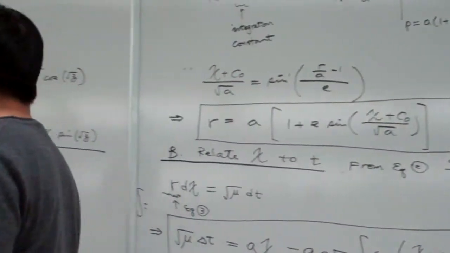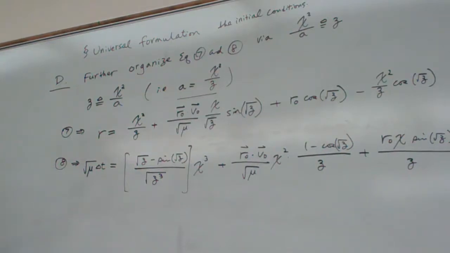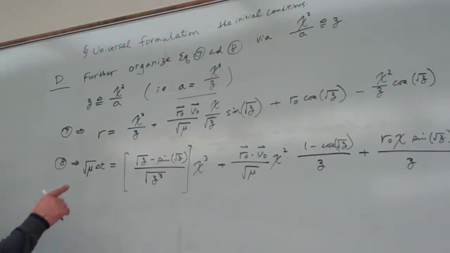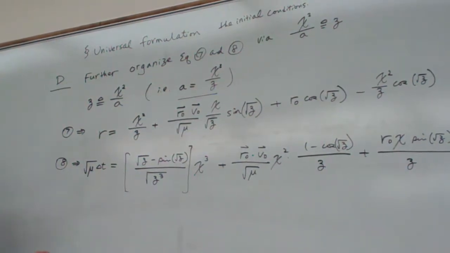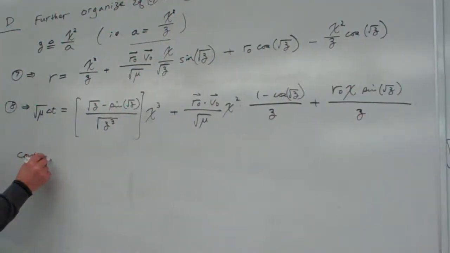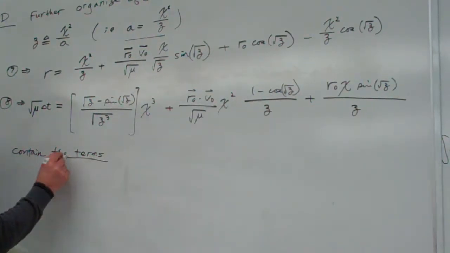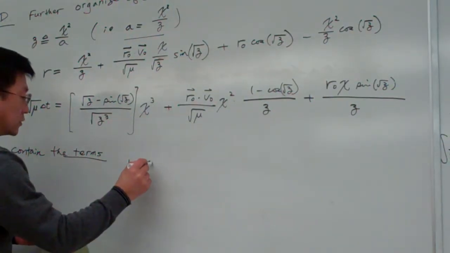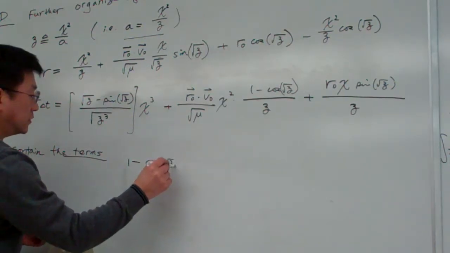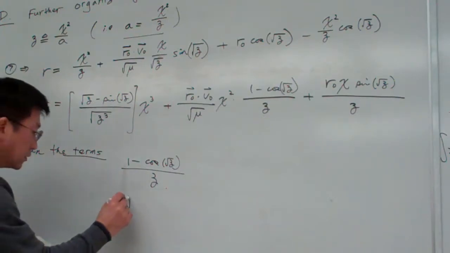But actually, when people look at this carefully, they found that the above equations contain the terms 1 minus cosine z divided by z, and this one.